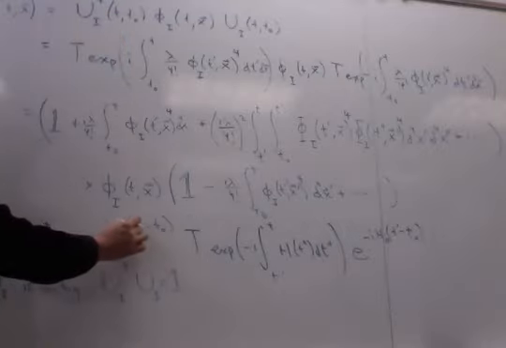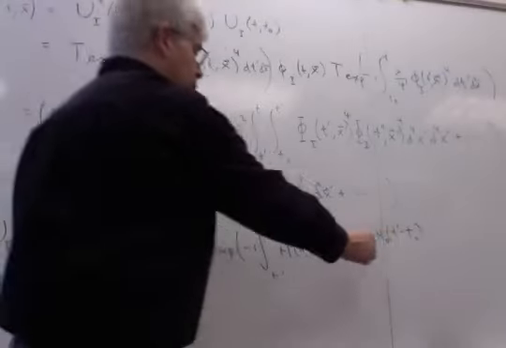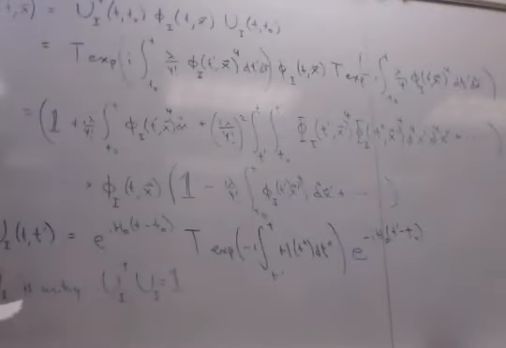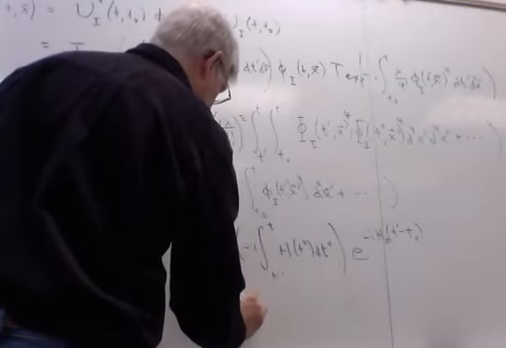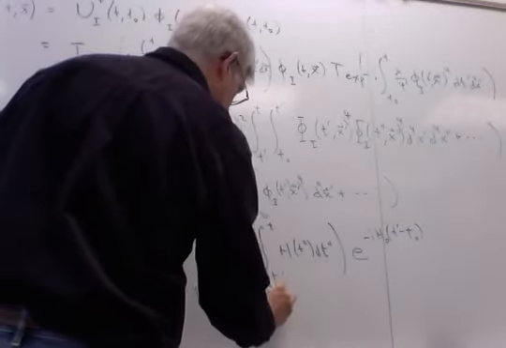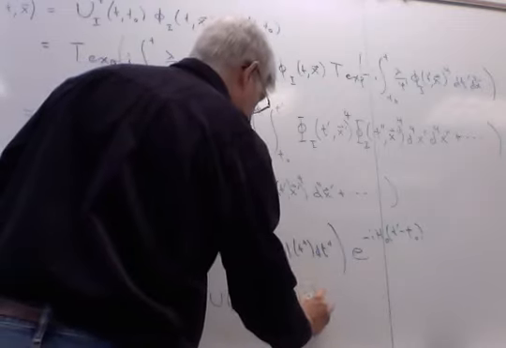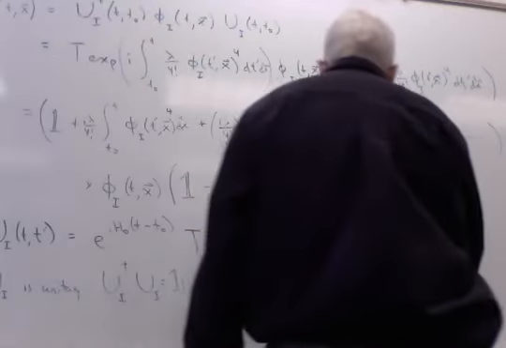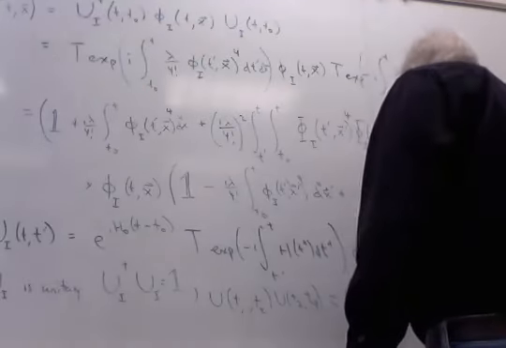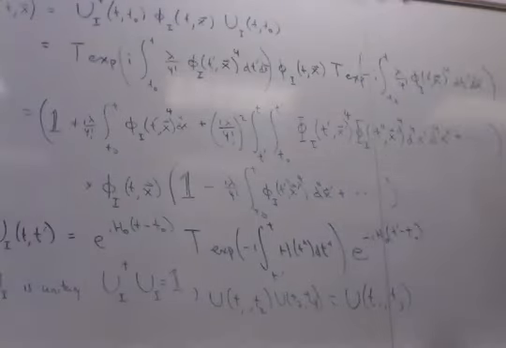That's because this is a unitary operator, that's a unitary operator as you show in your homework, and that's unitary. And it also satisfies these composition laws: if you evolve time 3 to time 2 and time 2 to time 1, that's the same as evolving time 3 to time 1. And so forth, other nice properties.